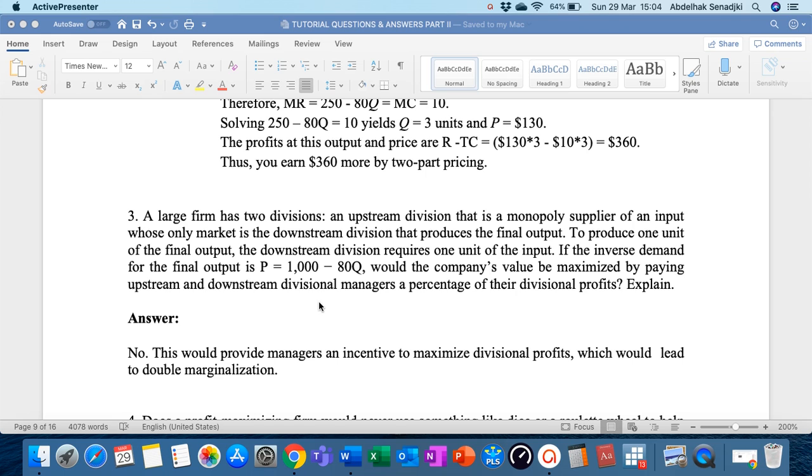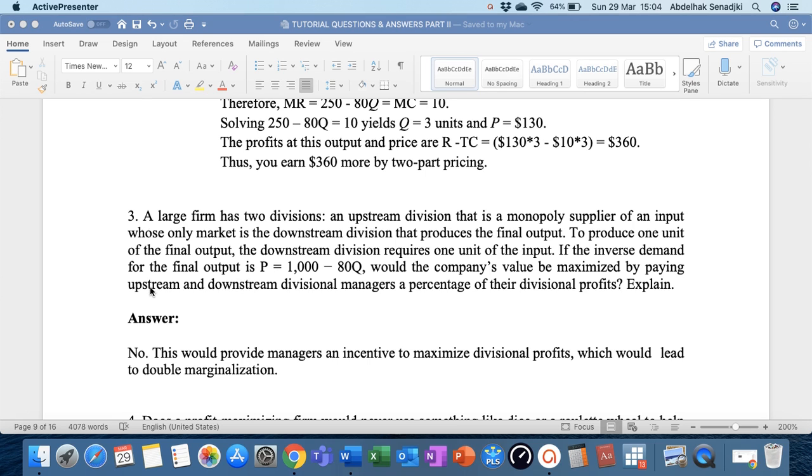Explain. Actually, this is not the case. The value of the company will not be maximized, because why? If the company pays upstream and downstream divisional managers a percent of the profit, the manager of upstream tries to maximize the profit, and also the manager of downstream tries to maximize the profit.